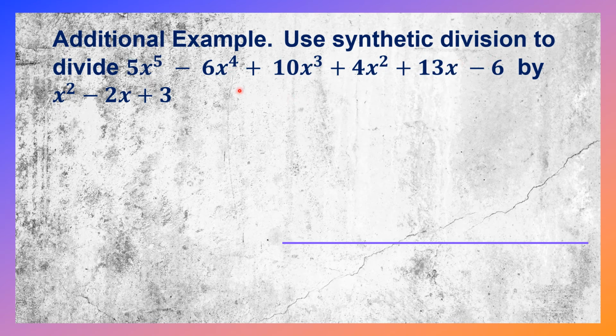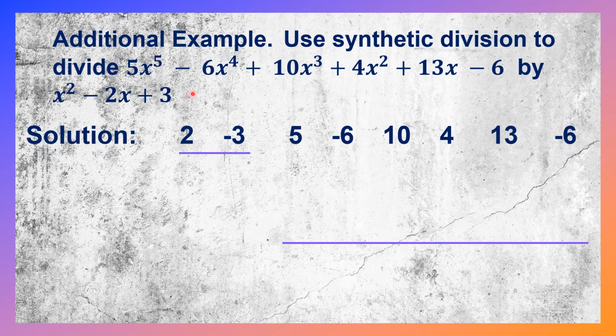As you can see, the powers are in descending order and there is no missing term. So we can now solve by using synthetic division. Just copy all the numerical coefficients of our dividend, and these are 5, negative 6, positive 10, positive 4, positive 13, and negative 6.